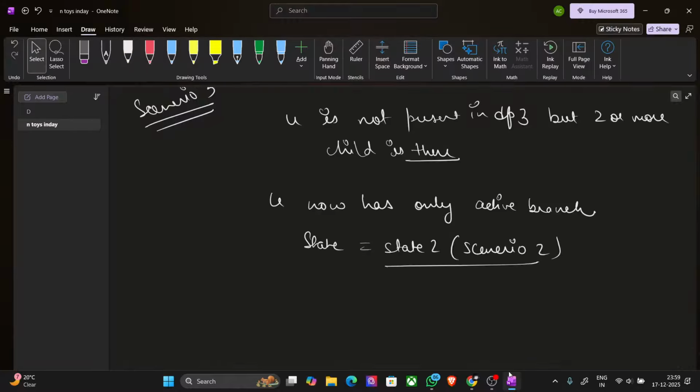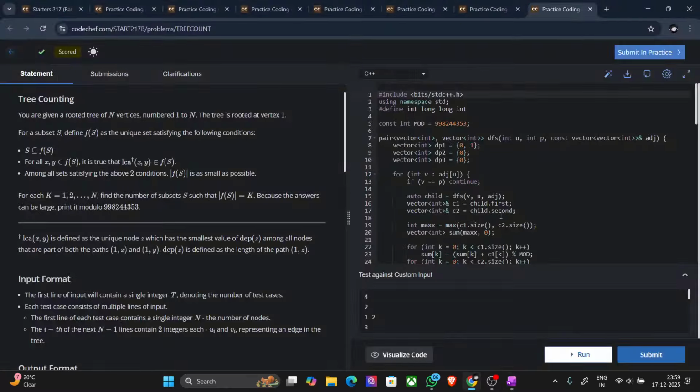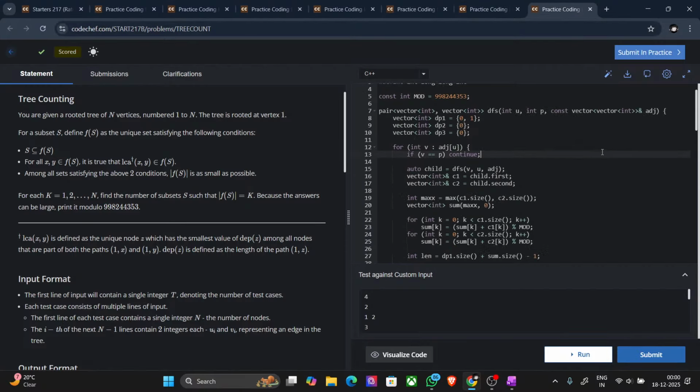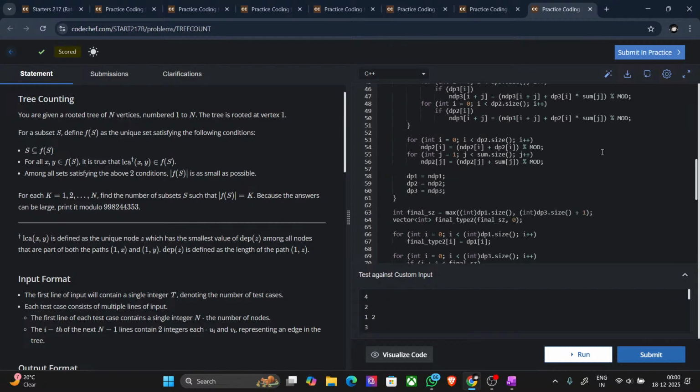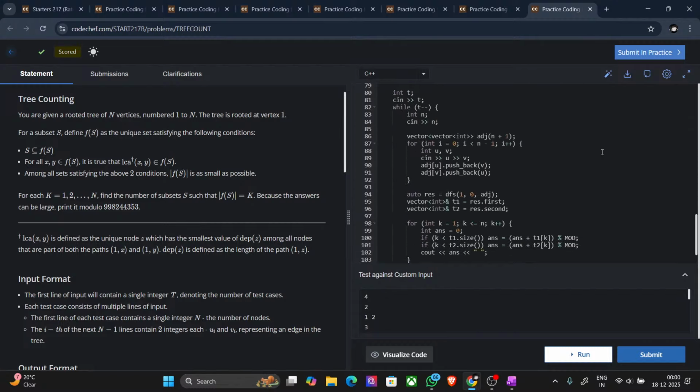So let's look toward the solution for this problem. As you can see, here I have taken T and N as input.